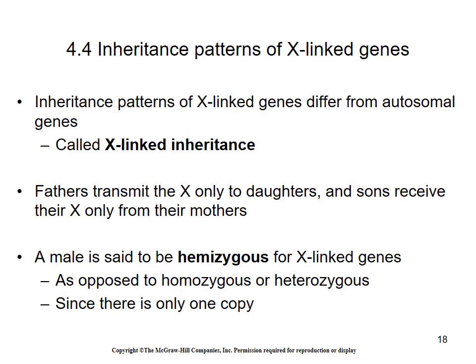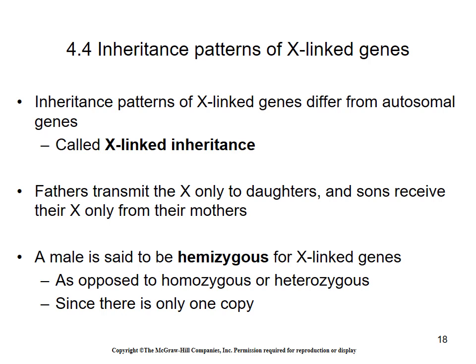And we definitely know that X-linked genes are different from autosomal genes because not all sexes inherit the same number of X's. Fathers have an X and a Y, which means that they will always give their X to their daughters and their Y to their sons.